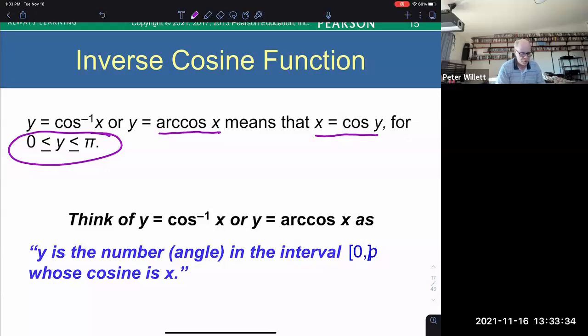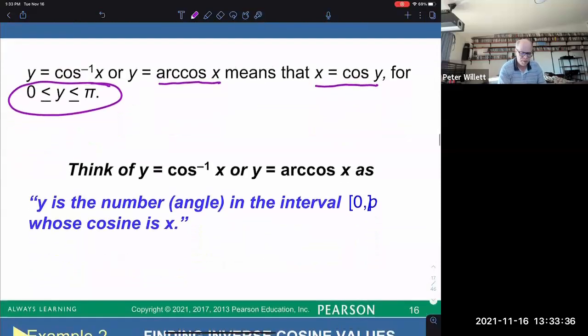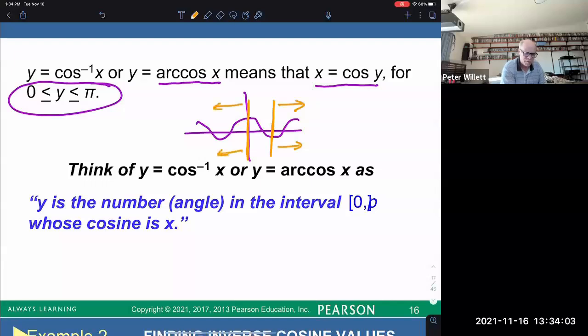They used a different restricted domain. So just to sort of try to sketch it real quick here, it'll look sloppy, but maybe it'll give you a visualization. If we consider the cosine function, which kind of looks like this, well, we want to get a piece of the cosine function that covers all values between 1 and -1. And so the piece that they used is they went between 0 and pi. That's how they restricted the domain. And then they threw away all the stuff to the right of pi and all the stuff to the left of 0.